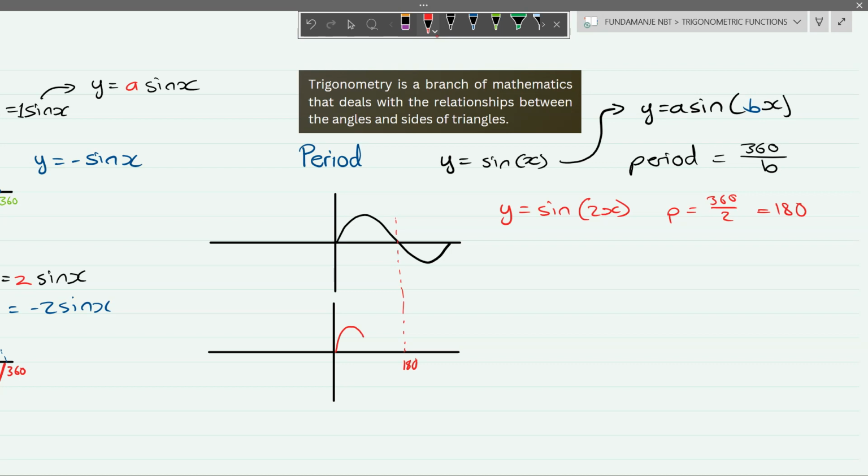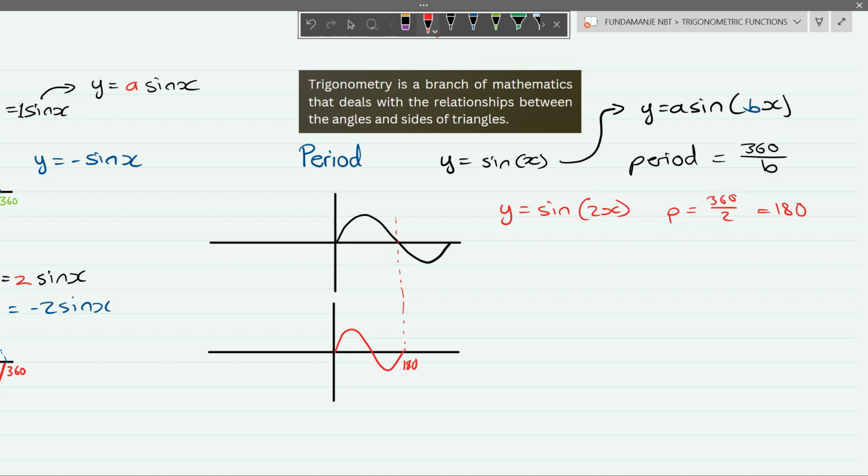So our function would look something like this. We see it's the same function, but now we've reduced the period. The period is now 180 degrees.